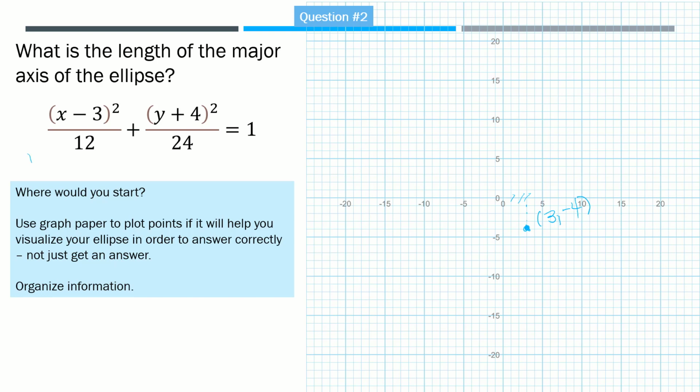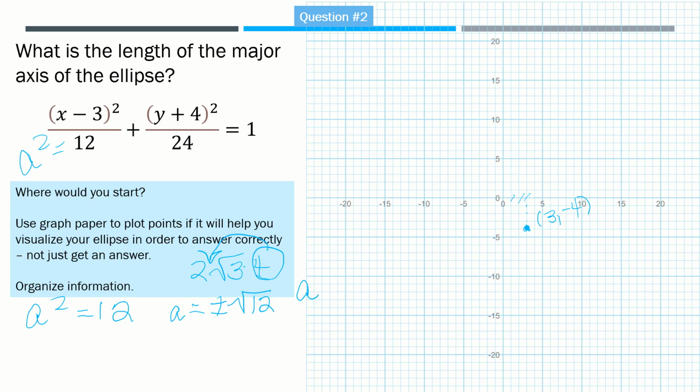So if we look at, again, a squared is equal to 12, and we solve for a, take the square root of both sides, a is equal to positive or negative square root of 12. We can simplify that because 12 is 3 times 4, and 4 is a perfect square. We can take that out from underneath the radical as 2, but that 3 needs to stay.